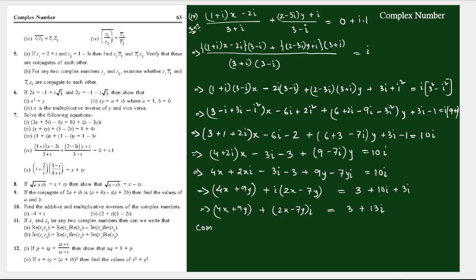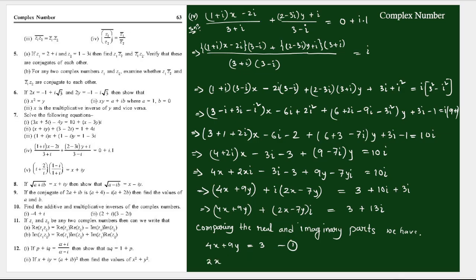So comparing the real and imaginary part, we have, क्या होगा, 4x plus 9y equal to 3. This is your 1.